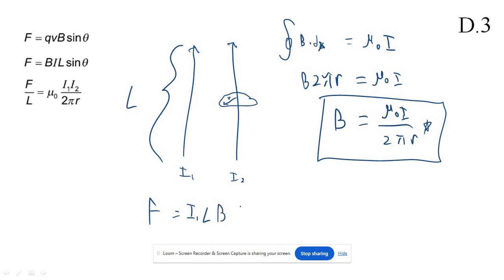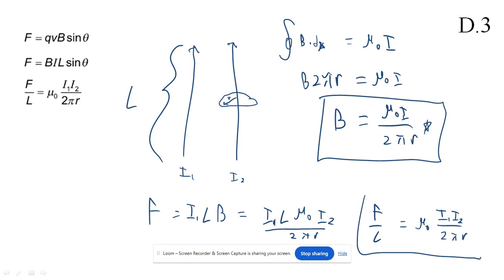The magnetic field is mu naught I2 over 2 pi r. Then all I have to do is divide both sides by L, and I've got force over L equals mu naught I1 I2 over 2 pi r. Isn't that a pretty thing?